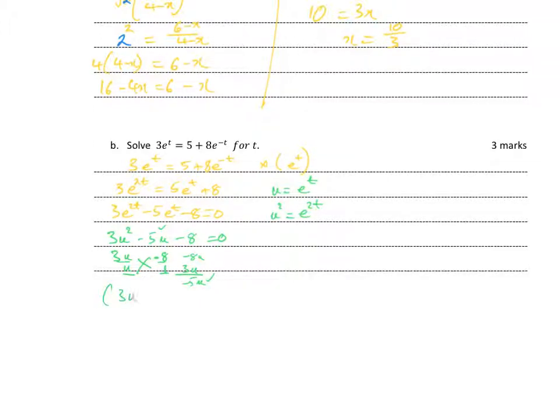Oh, hang on, let's take it back a step. I get 3u minus 8 times u plus 1 equal to 0. u equals 8 on 3 or negative 1. No reason why we can't have negative answers in there. So both answers are valid. Done.